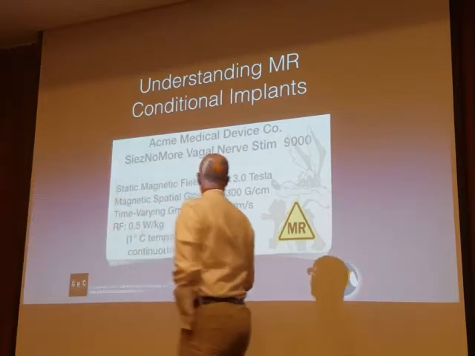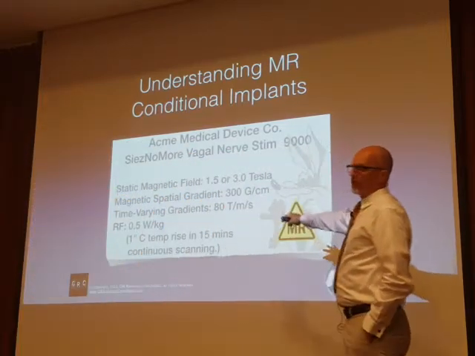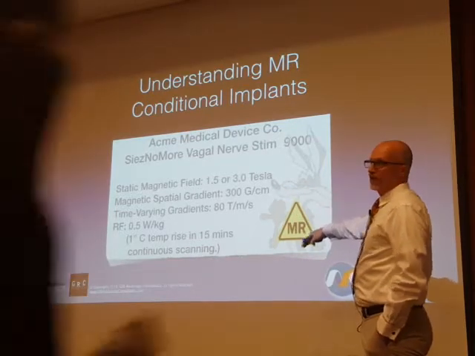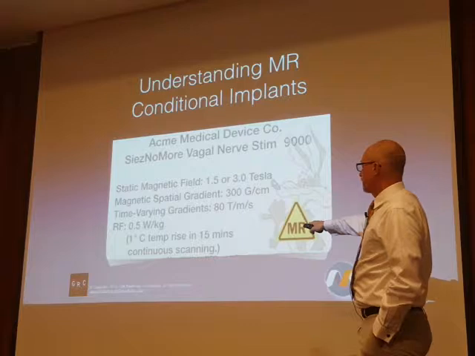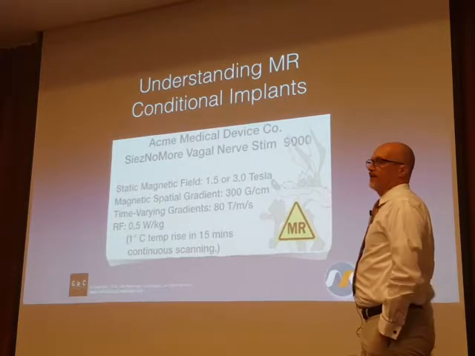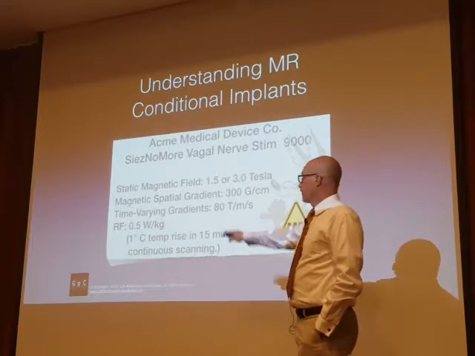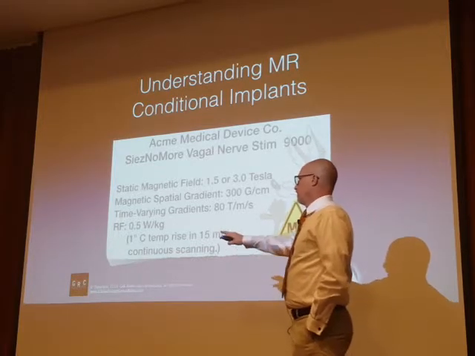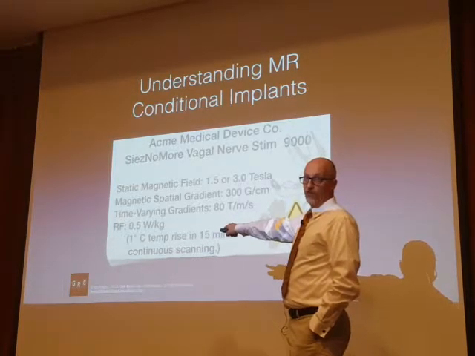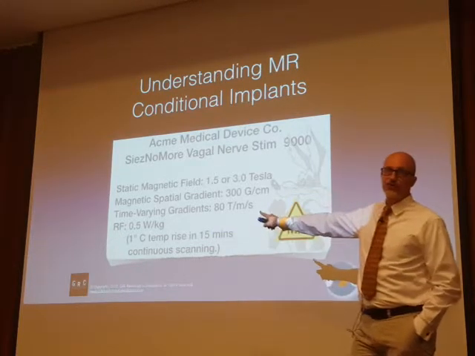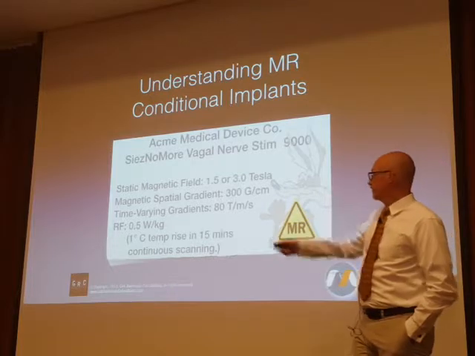This is a vagal nerve stimulator that's MR conditional for 1.5 or 3 Tesla, spatial gradient 300 Gauss per centimeter, time varying gradients 80 Tesla per meter, 0.5 watts per kilogram radio frequency, and those test conditions report a 1 degree centigrade rise in temperature over a 15-minute scan.